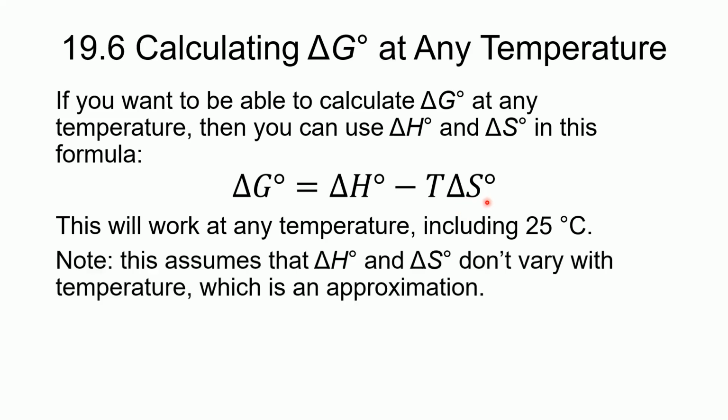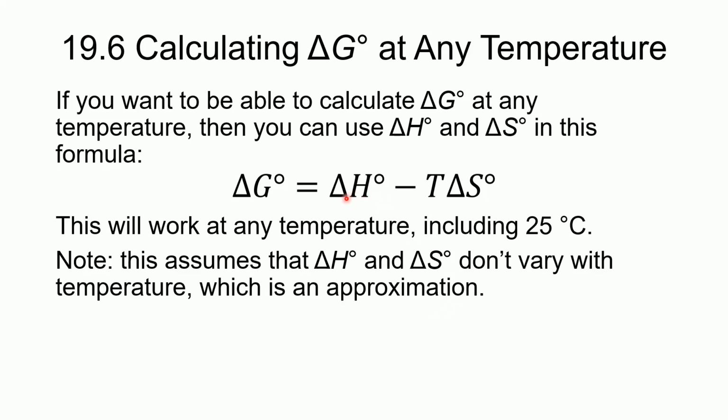Now, one quick note about this particular calculation. Using this at temperatures other than 25 degrees Celsius makes the assumption that delta H and delta S of the reaction don't change as we change the temperature. That is an approximation that's not quite true.